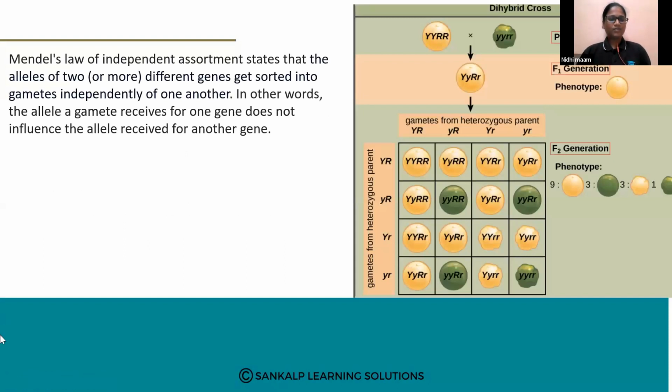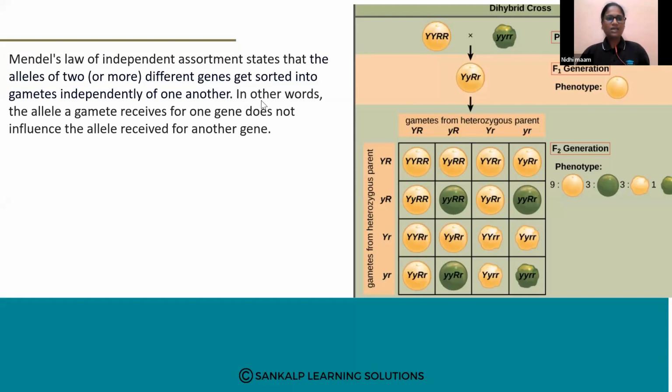See here. Mendel's law of independent assortment states that the alleles of two different genes get sorted into gametes independently of one another.